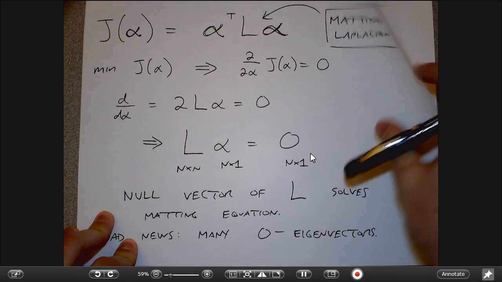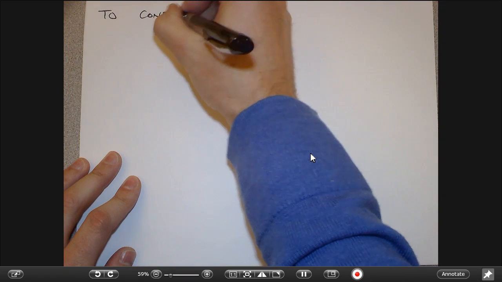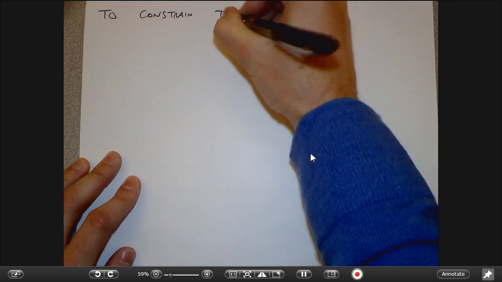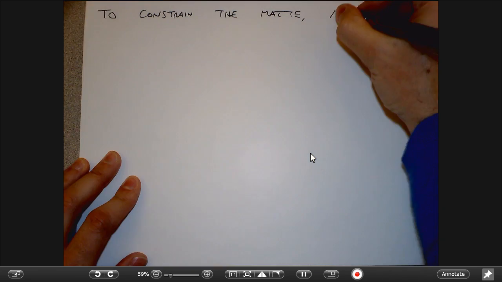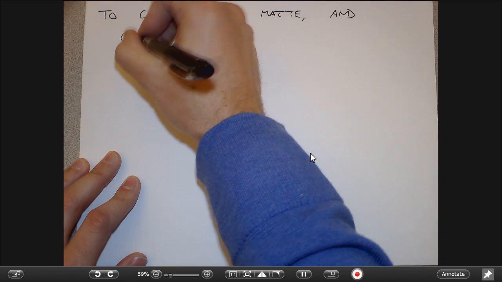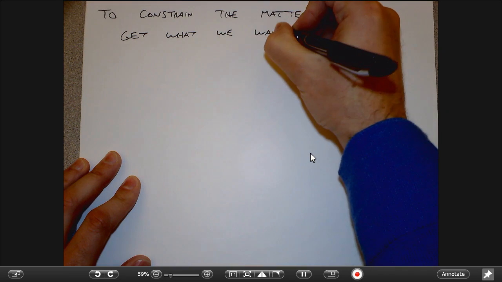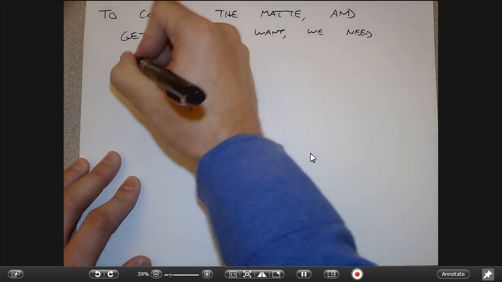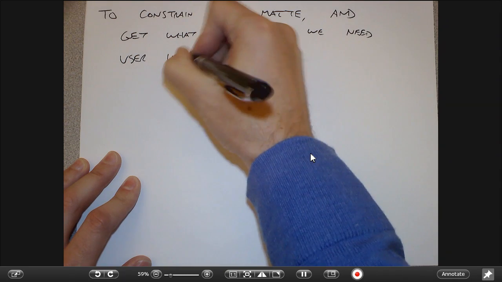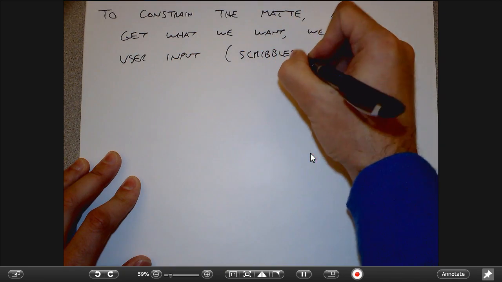So to constrain the matte and get what we want, we need user input, which could take the form of, for example, scribbles.